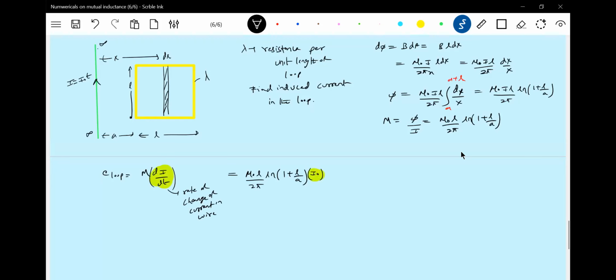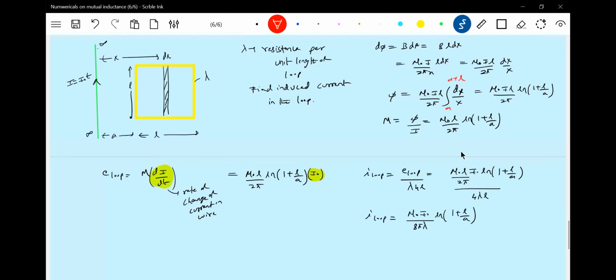There's the EMF induced. So what is the current in the loop? Current in the loop equals E loop divided by lambda into 4L, the resistance of the loop, giving mu naught I naught log of 1 plus L by A over the expression. How will that induced current flow by Lenz's law? It has to be in this direction.